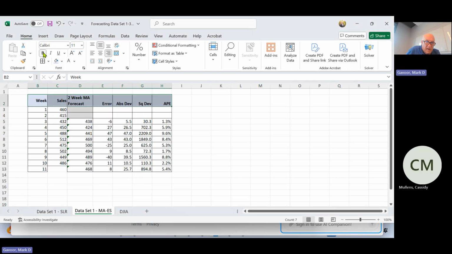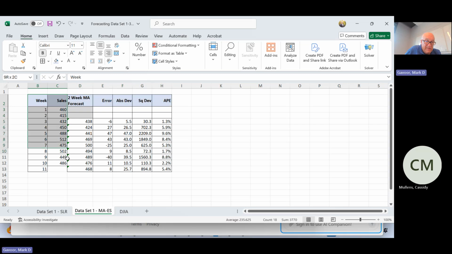And oops, it didn't bold up. And since I have one of them, I could either do it that way or this way. Whichever you like, it doesn't matter. Notice I didn't draw a graph yet.